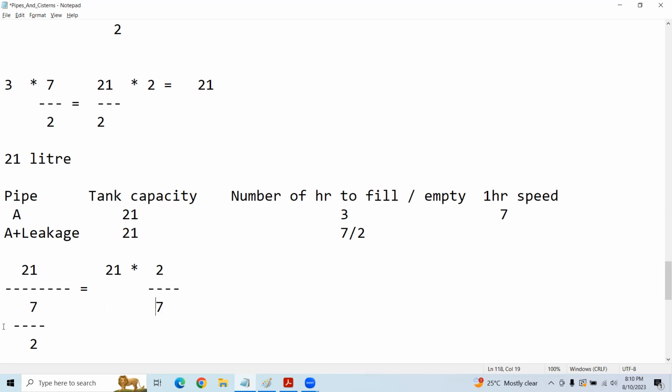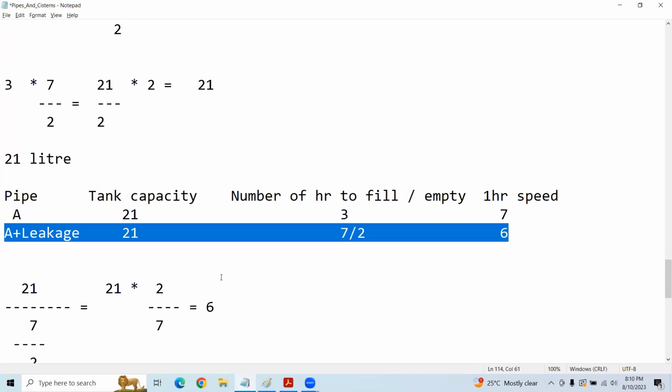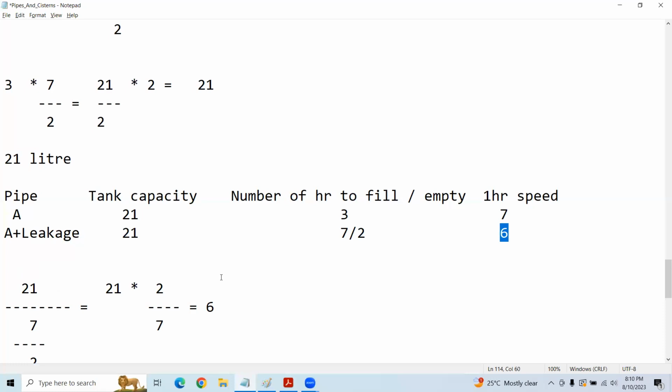Earlier it was 7 by 2 in the denominator, now it will be multiplied by 2 by 7. 7 3s are 21, if you simplify this, and 3 into 2 becomes 6. So we can say that when pipe and leakage both were there, our speed was 6.